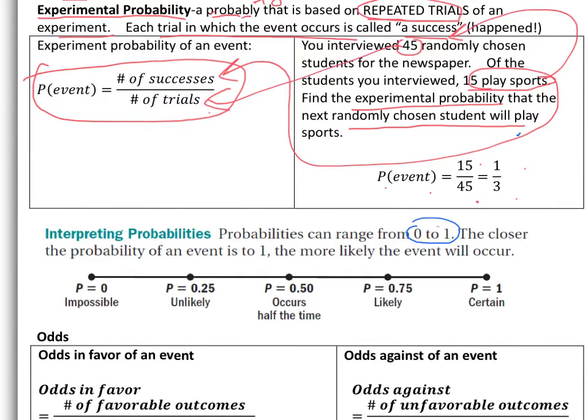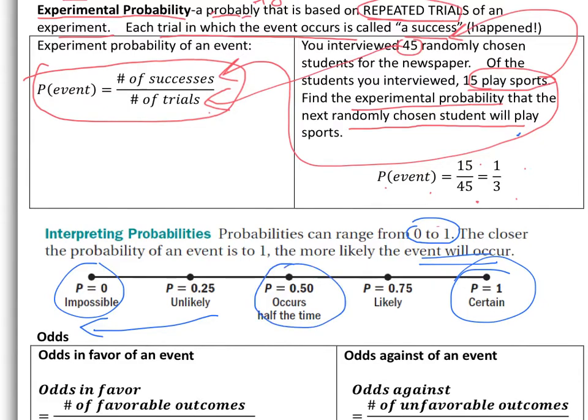The closer the probability of an event is to 1, meaning if you get a probability that equals 1, then yes, the event is very certain, the more likely the event will occur. However, if you're leaning towards 0, then the event is impossible. And if you get a probability of 0.5, then the probability that the event will occur is half the time.